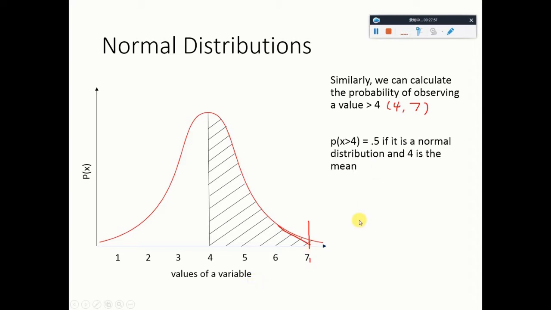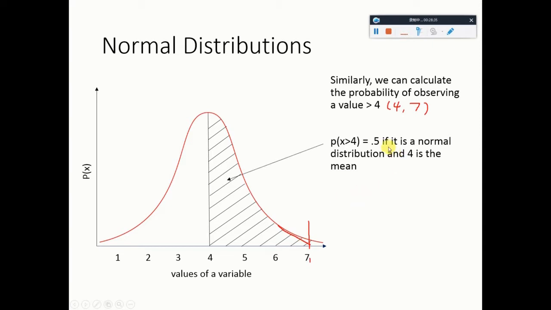It will actually be 0.5 because this is half of this bell-shaped curve. If the total area under this curve is 1, and 4 happens to be the mean, then of course the center line would divide this curve into 2 halves. And then it will be 0.5 as the chance of observing any value that's greater than 4.